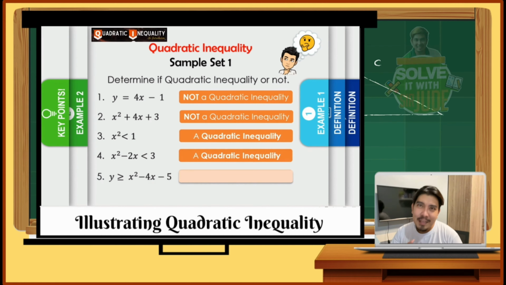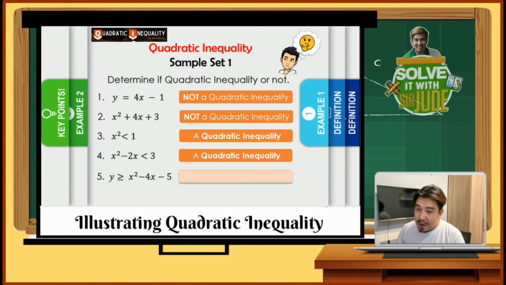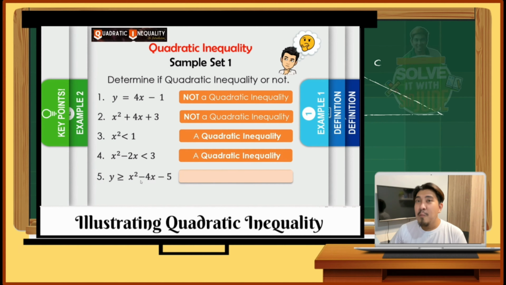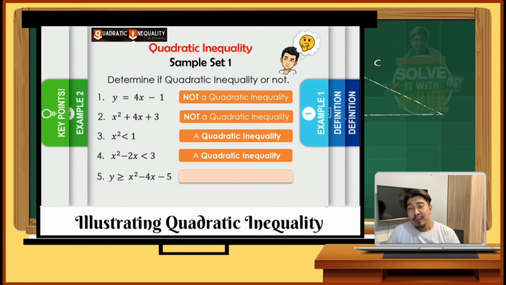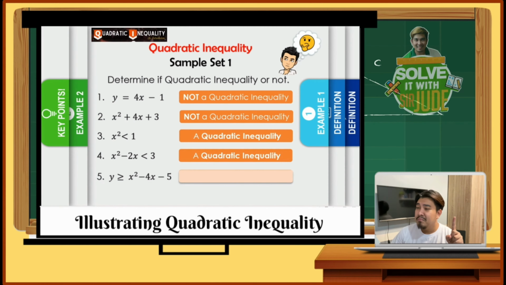Let us now go to the last example. Example number 5. So number 5, we have there y is greater than or equal to x squared minus 4x minus 5. Quadratic inequality kaya ito? Number 1, condition. Kinakailangan may quadratic term.